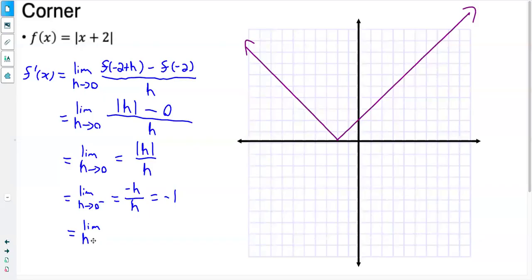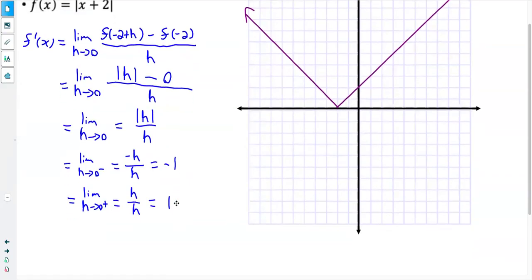If we look at our limit as h approaches 0 from the positive side, or right side, the absolute value of h becomes positive h over h, which is 1. So these two slopes give us different values, so they are different as we approach from the left side versus the right side.